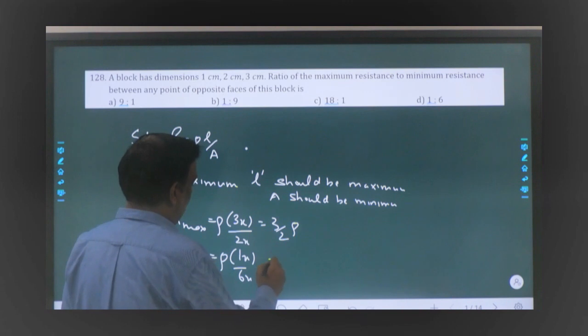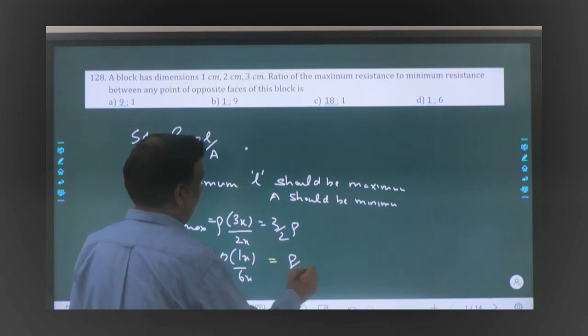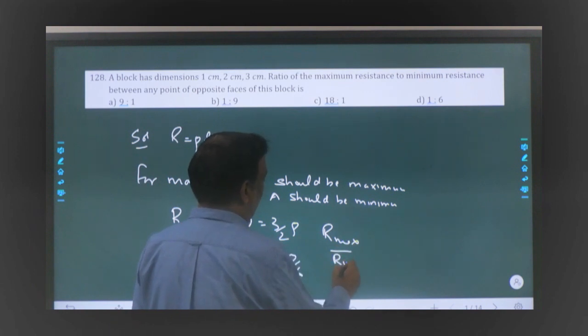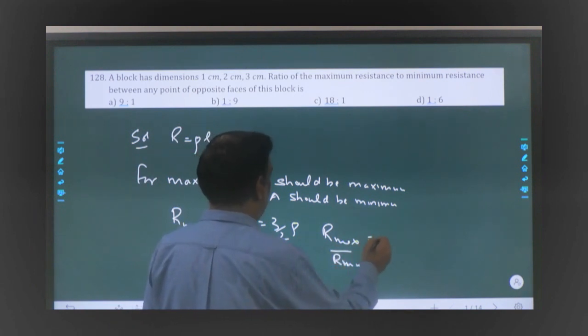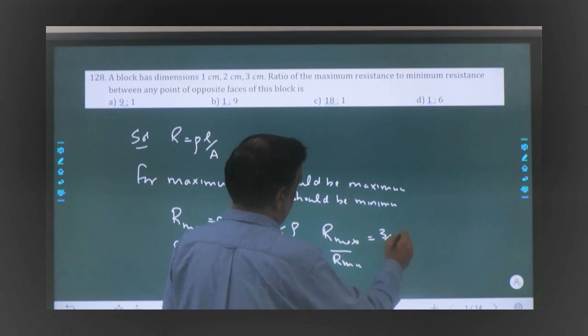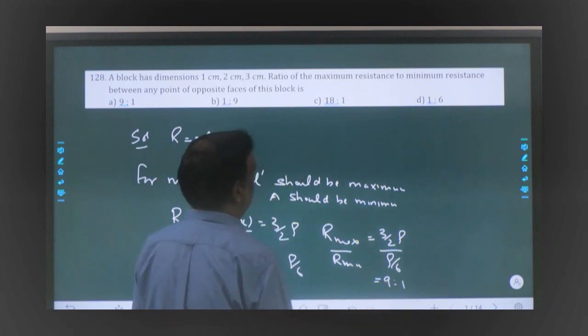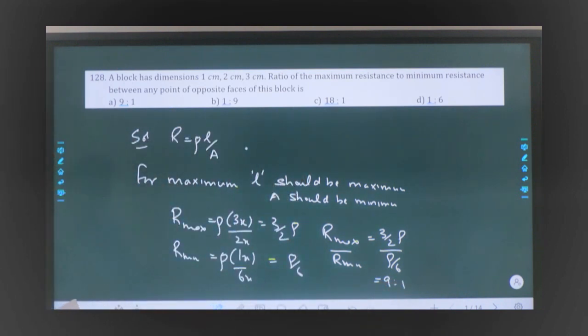This is 3 by 2 rho, this is rho by 6. The ratio of maximum to minimum resistance would be 9:1. The ratio of maximum to minimum resistance is 9:1.